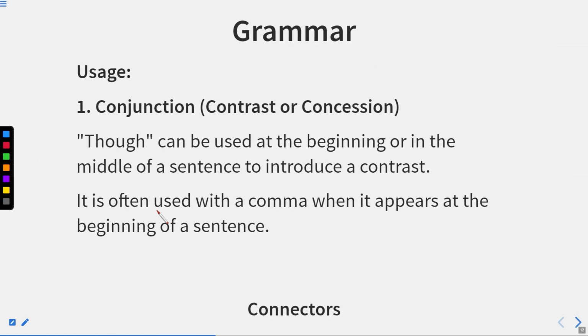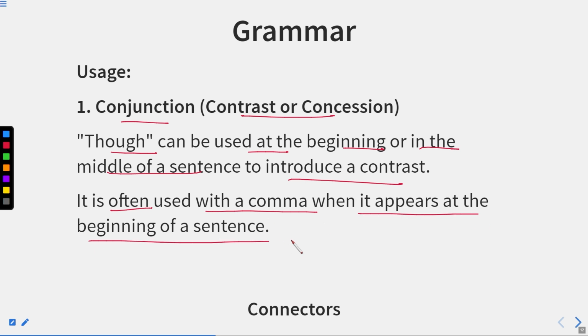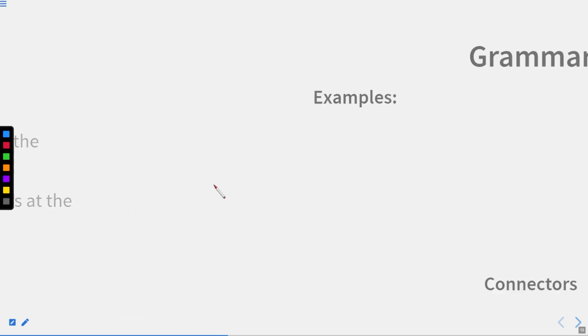For example, if it is used as a conjunction for contrast or concession, though can be used at the beginning or in the middle of the sentence to introduce a contrast. It is often used with a comma when it appears at the beginning of the sentence. Whenever we begin the sentence with though, we have a comma after the clause.